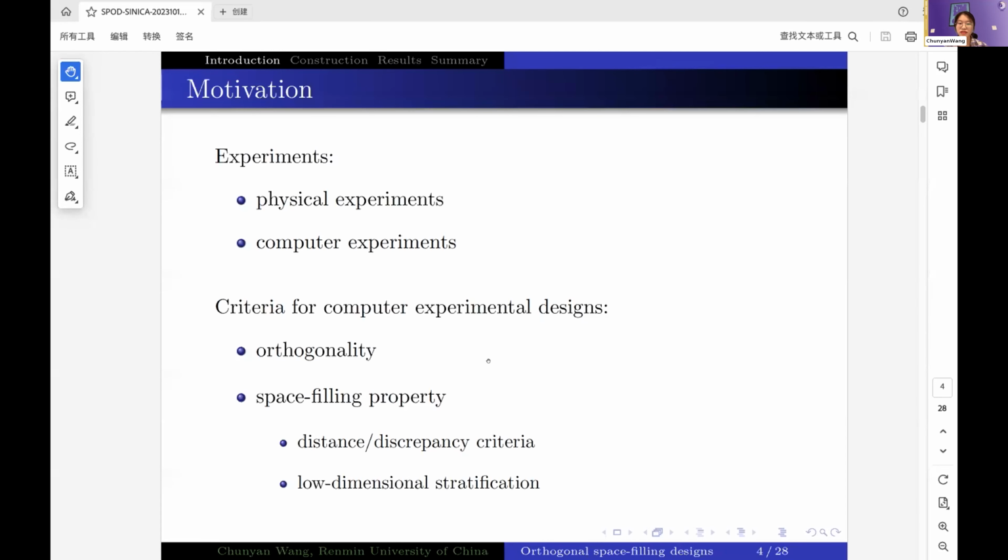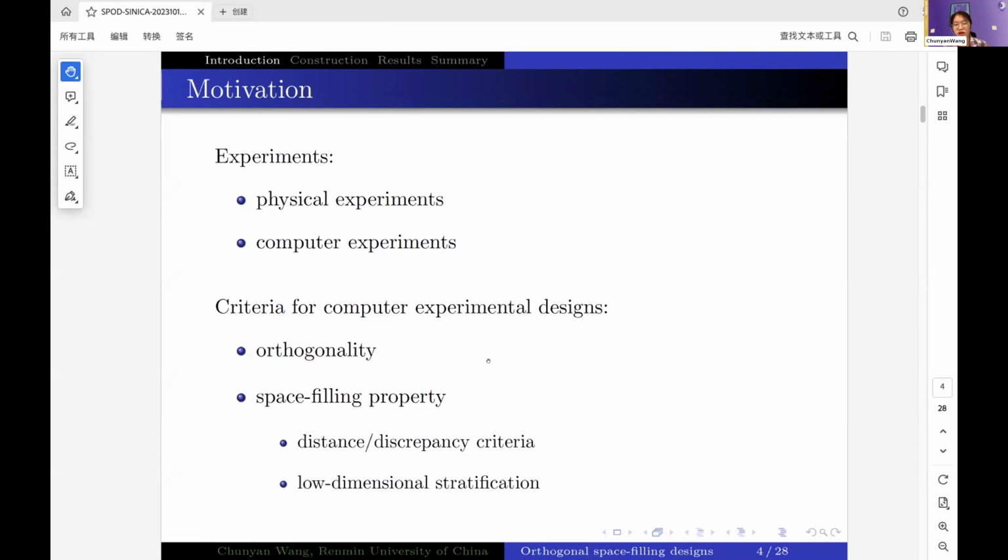In a physical experiment, the experimenter conducts the experiment on site and collects the data for analysis, and gets some inference to guide what we will do in the next step. It is a very classical experiment type.